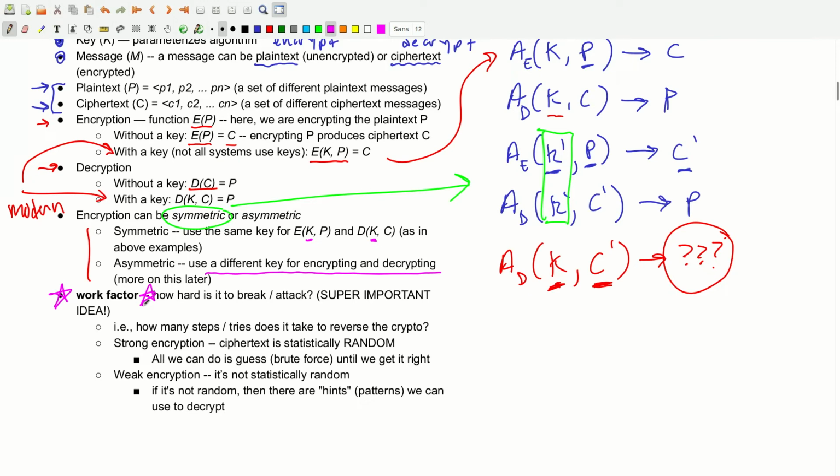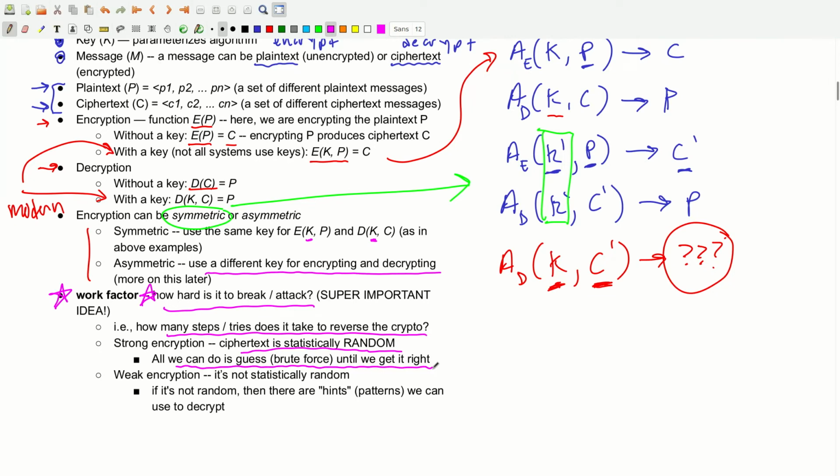So work factor is saying how hard is it going to be to break or attack this system? How many steps will it take me to undo this cryptography? And with strong encryption, the ciphertext is going to be statistically random. So the only way that we can decrypt it is to guess the key until we get it right.